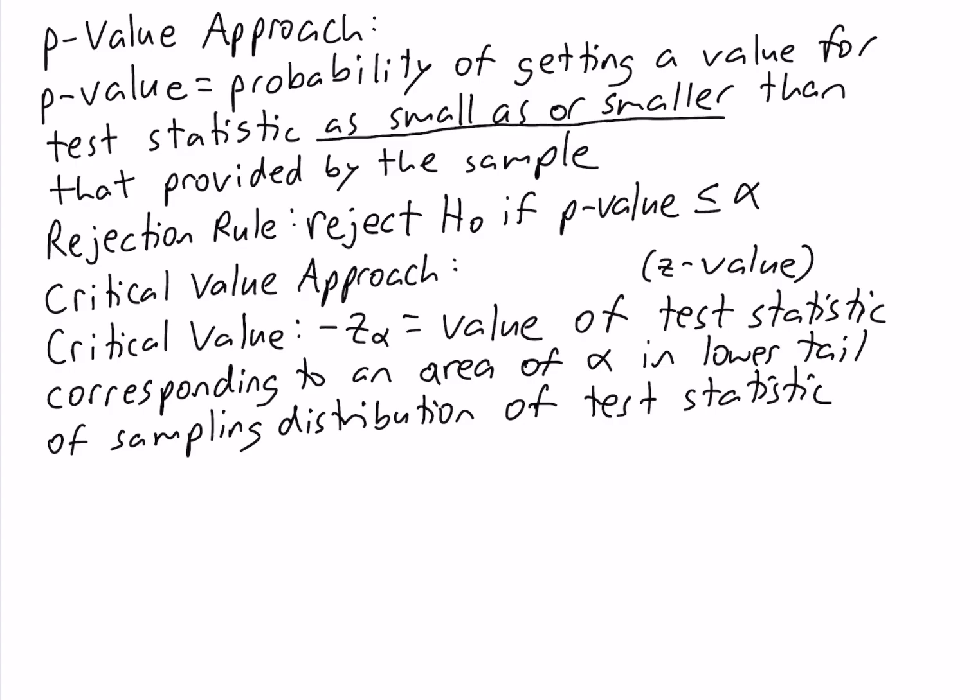Now again, our test statistic follows a z-distribution. So our critical value is the z-value corresponding to an area of alpha in the lower tail of the z-distribution. That's what this definition is really saying. Now what makes this the critical value for a lower tail test is obviously this part. That's an area of alpha in the lower tail.